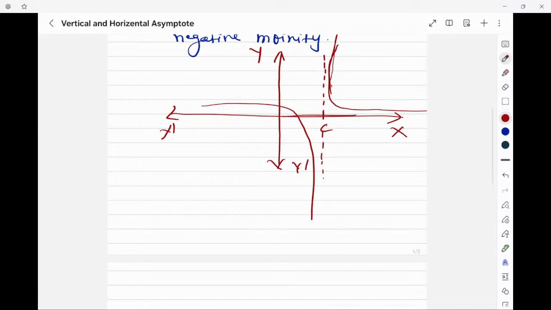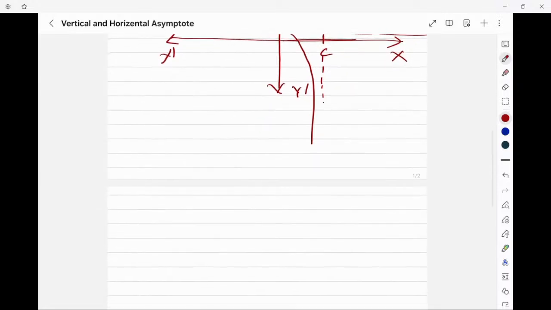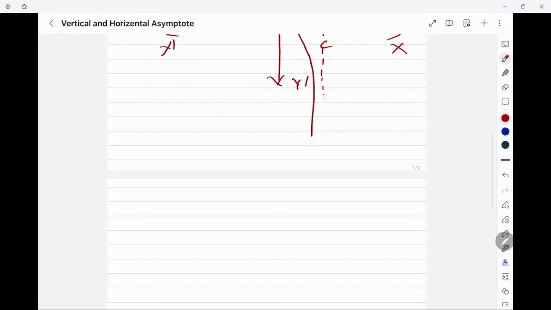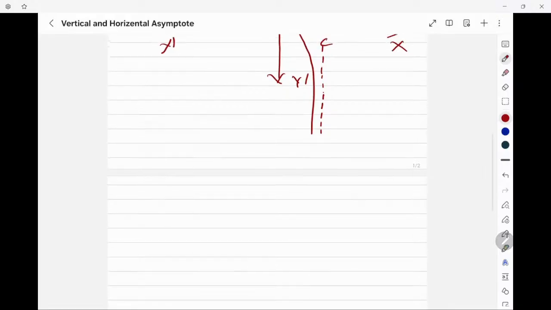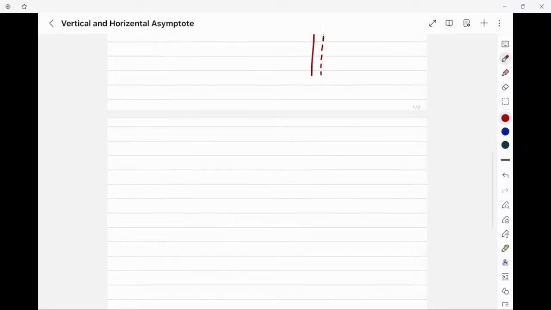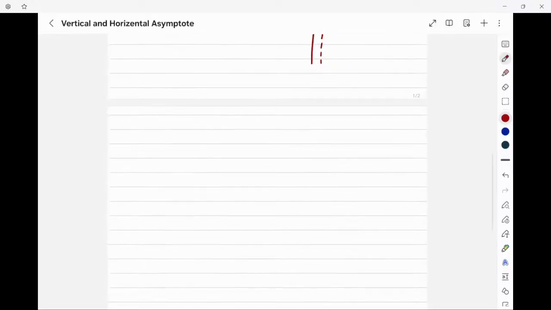Now, how can we find the vertical and horizontal asymptote? What is the rule to find the vertical asymptote and horizontal asymptote of a given function?